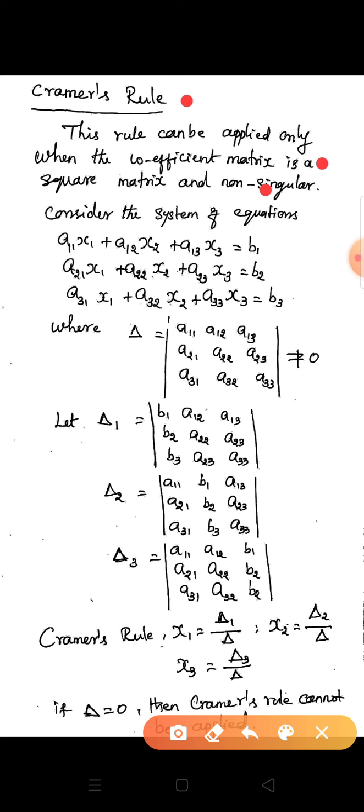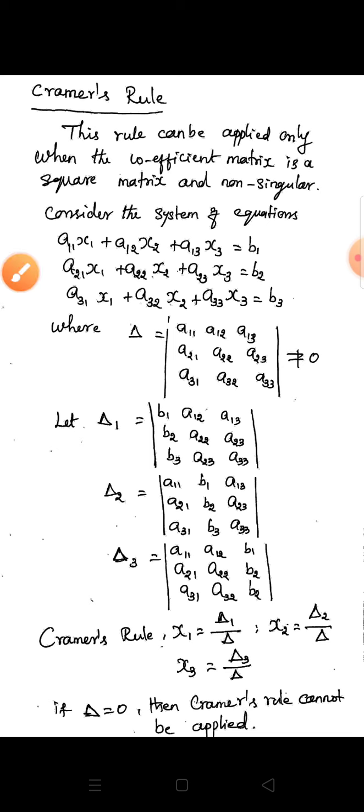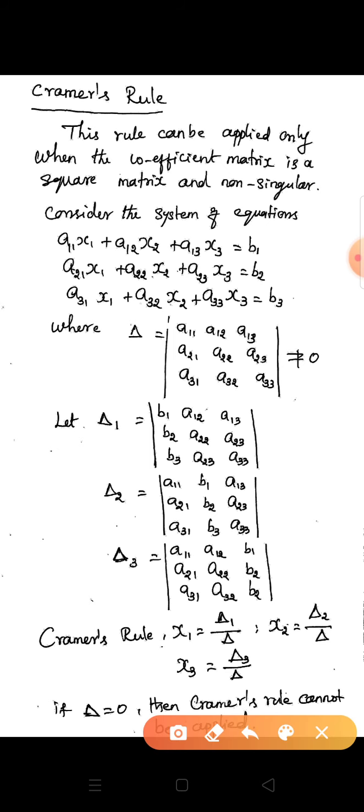The determinant value of the coefficient matrix must be non-zero. Okay, now consider the system of equations: a11x1 plus a12x2 plus a13x3 is equal to b1.